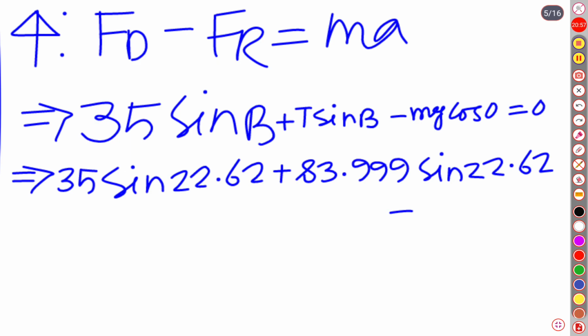M is not given, it is to be obtained. G, acceleration due to gravity, is 10, and cos 0 is equal to 1, so 10m. Right side is our 0. Hence we are searching for m.